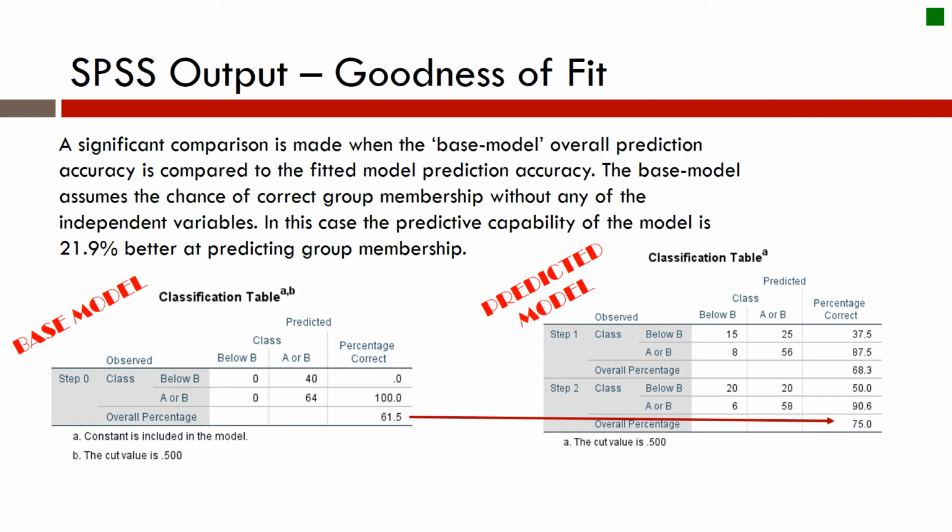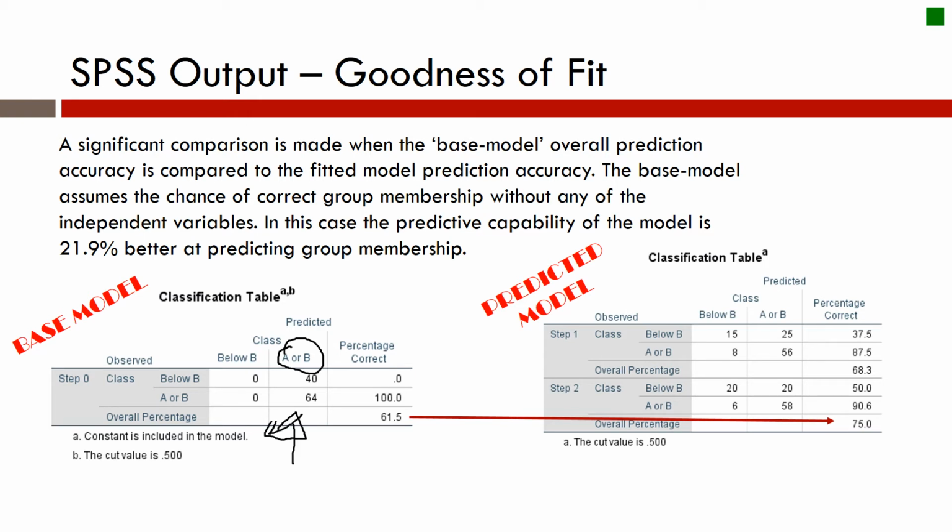And in essence, what it's telling you is that if I took all of my respondents, and in this case there's 104, if I grouped them all as either A or B, if I grouped them all in one of my classes, then I would have a 61.5% success rate.